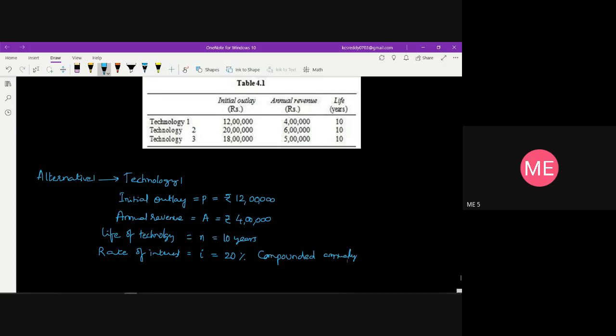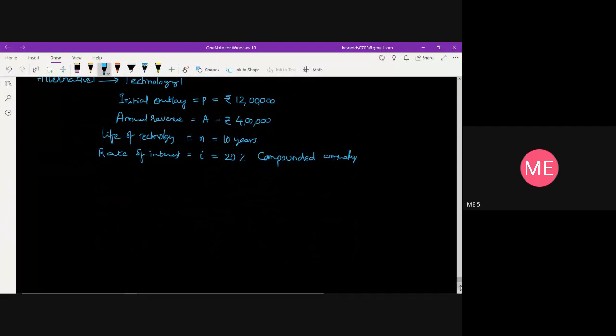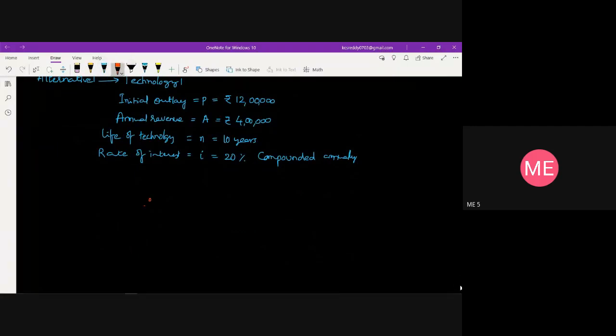Once the data is given, you need to go for the cash flow diagram. How to draw the cash flow diagram based on the given data? I'll draw a cash flow diagram starting from 0, then 1, then 2, and so on.